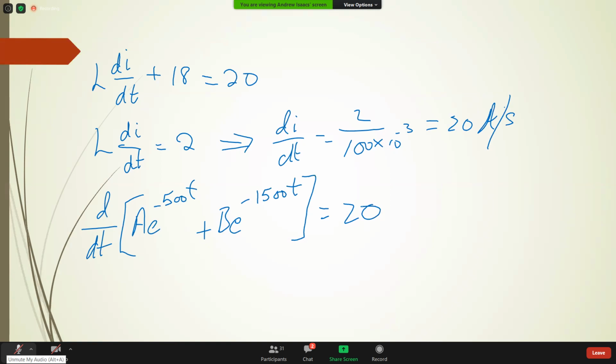Okay. So if I differentiate this, I get minus 500 A minus 1500 B is equal to 20.